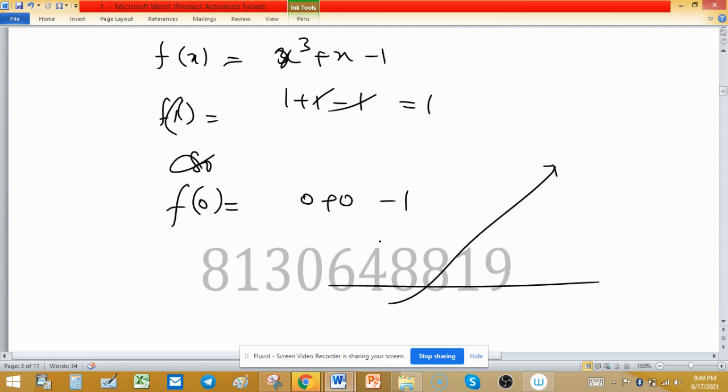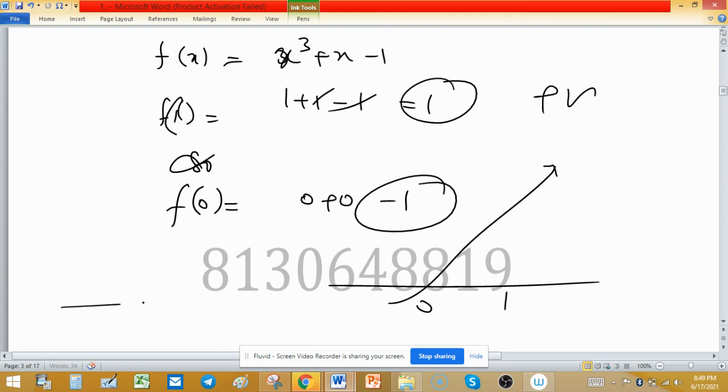From 0 to 1 the function is increasing, so only one real root will exist, because at 0 the value of the function is negative and at 1 the value of the function is positive. The graph is going from negative to positive in the interval from 0 to 1. So in this interval the function will intersect the x-axis.